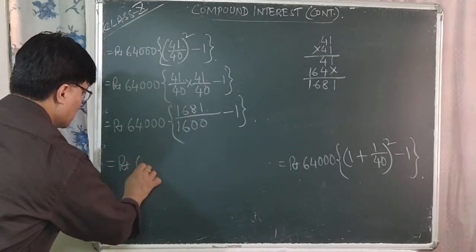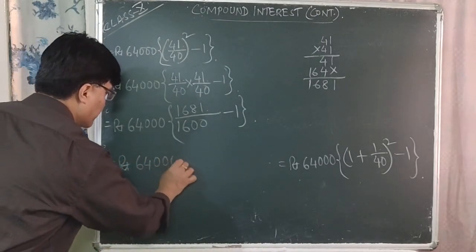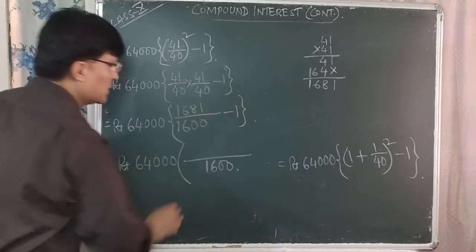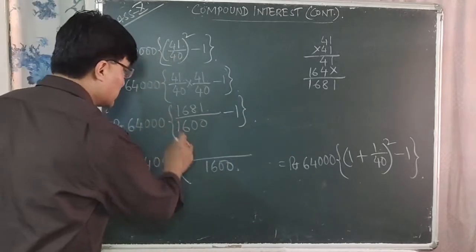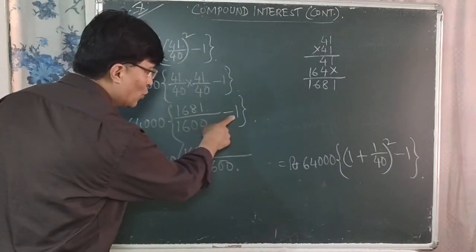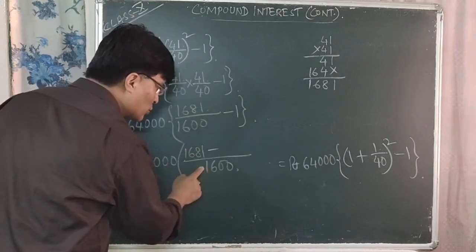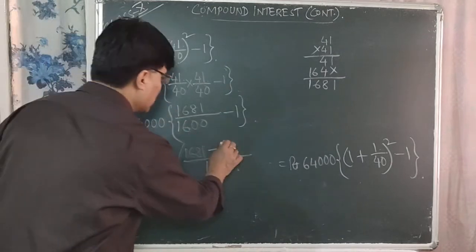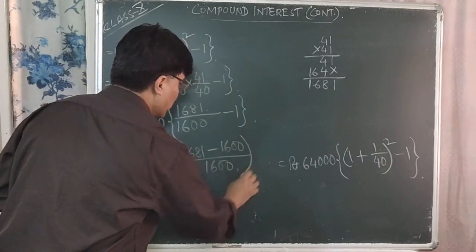So which is equal to 64,000. Then within bracket, what's the LCM? It is 1600. So what is there in the numerator? It is 1681 minus, below 1 there is 1, so this 1600 is divided by 1. That is 1600. So 1600 into 1 is 1600.